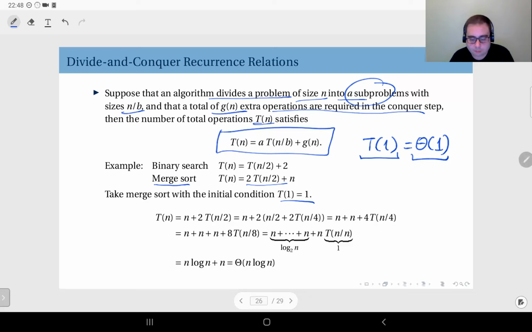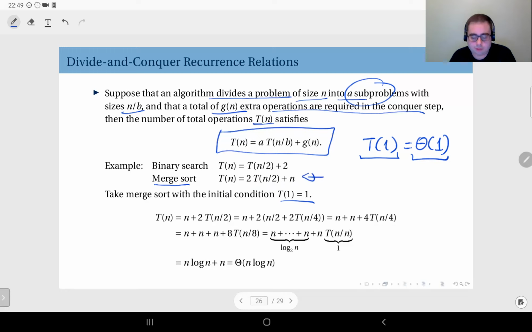What you do is you divide your input into 2 subproblems, into 2 groups to be sorted. And of course, you need to sort them both, so I have a coefficient of 2 here, plus n. Plus n is the merge step, the merging of sorted subsequences.